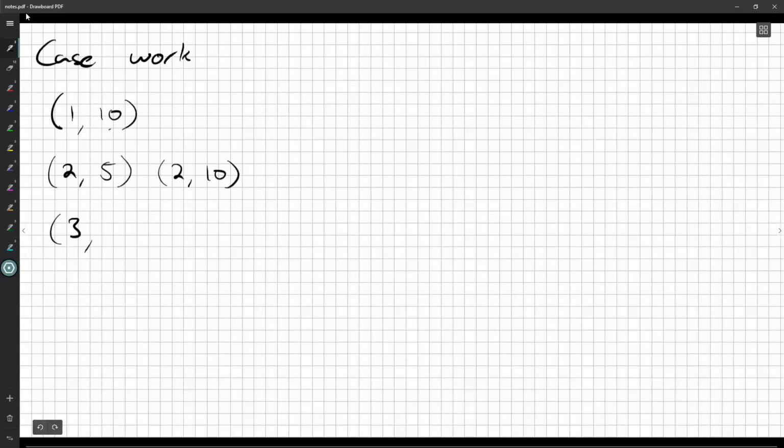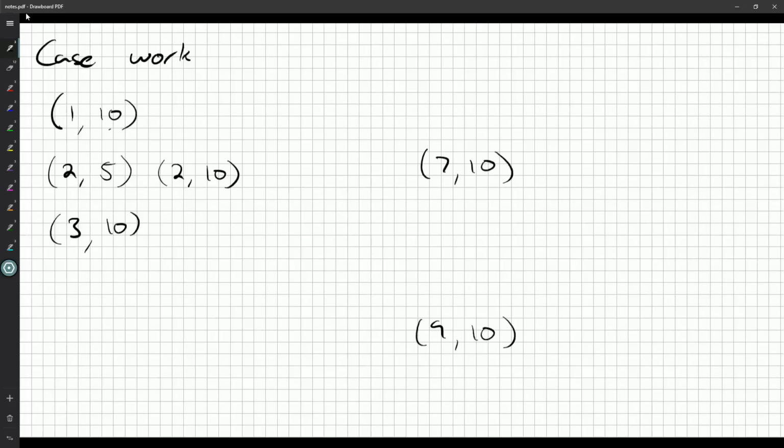If I pick a 3, 3 contributes no factors to my product of 10. Remember, to have a product of 10, we need a 2 and a 5, so you're stuck with that. In fact, 7 should also work that way, and 9 also will do that, because 9 and 7 don't bring any factors. They have no factors in common with 10.